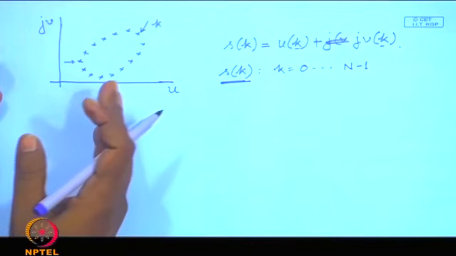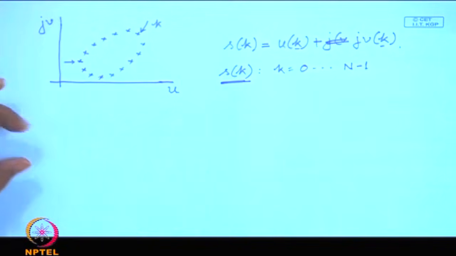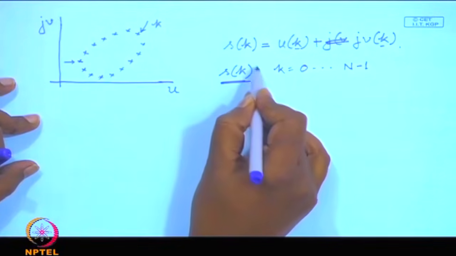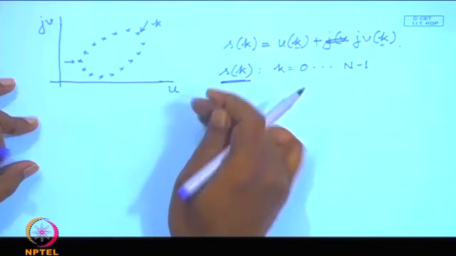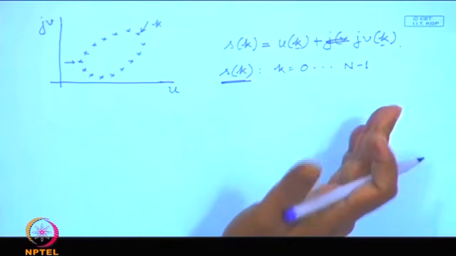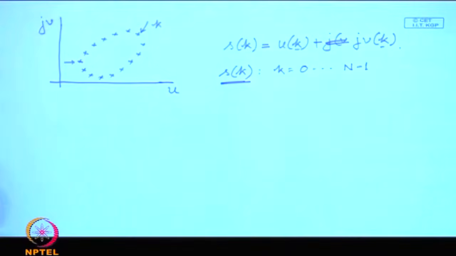Then one of the ways in which a feature can be extracted is that I have a sequence of complex numbers. What I simply do is take the Fourier transform or the discrete Fourier transform of this sequence of complex numbers. And when I take the discrete Fourier transformation, as I have capital N number of complex samples, I will have capital N number of discrete Fourier transform coefficients.